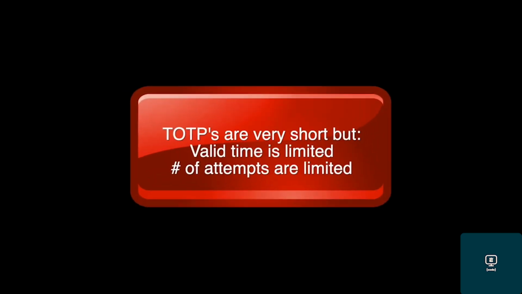This is an incredibly short password and could easily be cracked by exhausting all possible combinations from 0 to 999,999 by a computer. The thing is, it's only good for a short time, typically 30 to 90 seconds, and the number of attempts is limited.